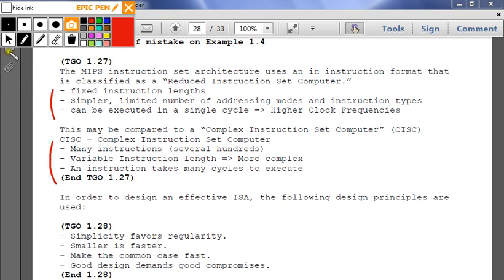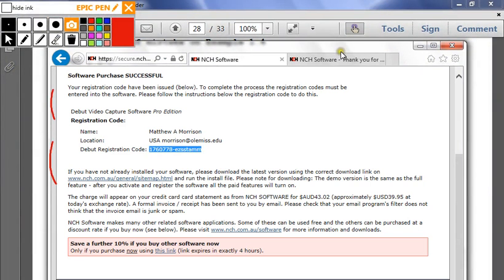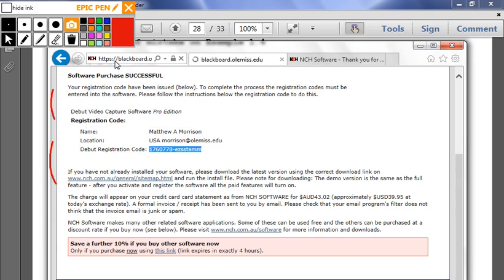If I were asking about CISC, let me go into Blackboard here. Okay, so I word them very similarly to the topical guide objectives. So, blackboard.olemiss.edu. And this is riveting, I'm sure.